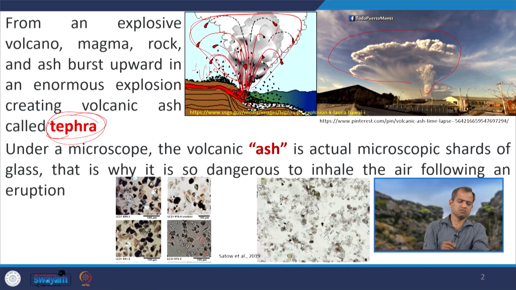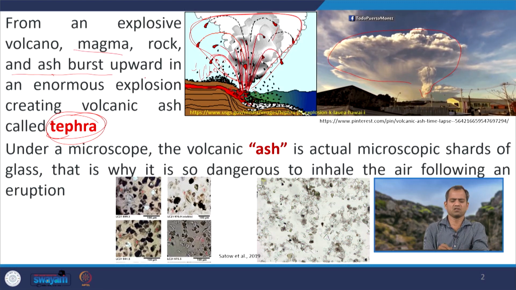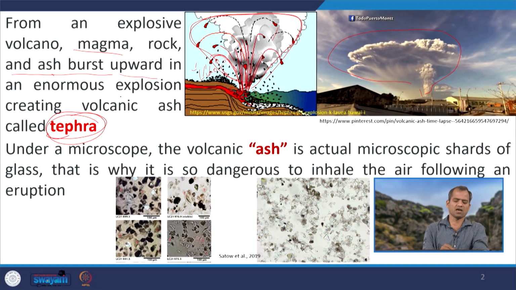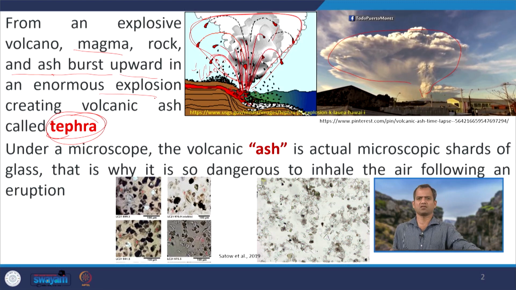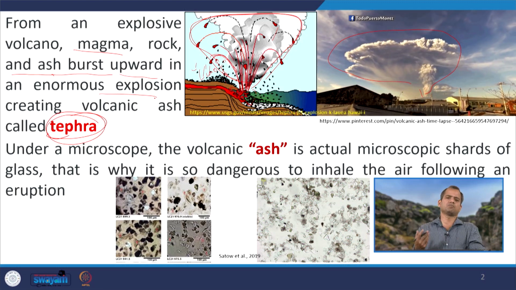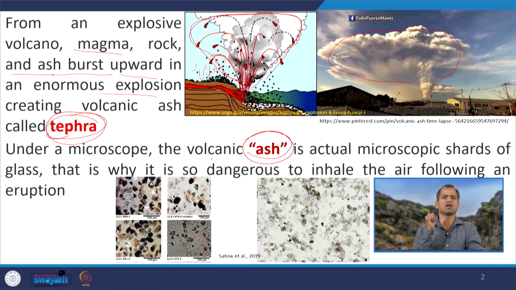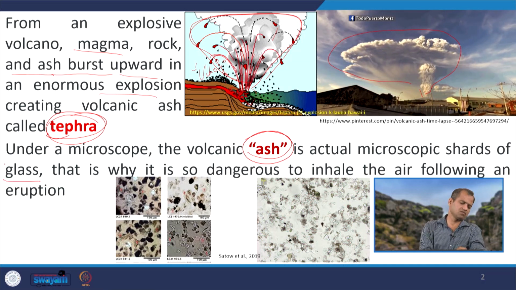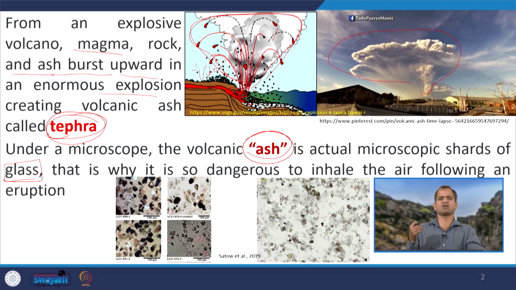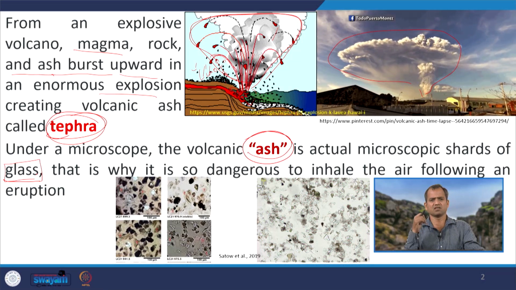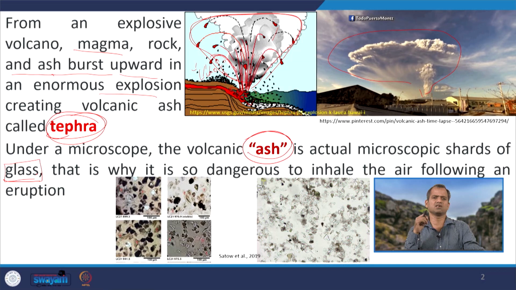So in an explosive volcano, we have magma, we have rock, we have an ash burst moving upward, an enormous explosion creating volcanic ash, which is called tephra. Under the microscope, this ash is nothing but glass fragments. When we talk about minerals, we talk about crystals, but glass is the uncrystallized form, totally uncrystallized.